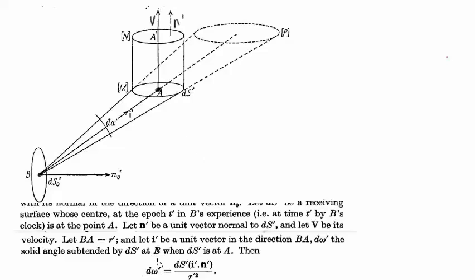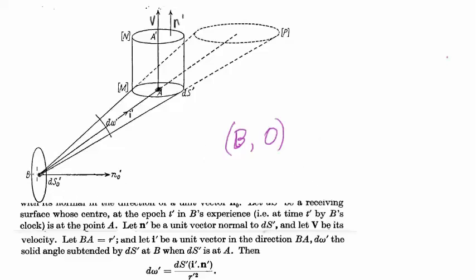D omega prime is where I was at, and d omega prime is the angular surface area, which is the surface through which the light from an event at point B at time 0 in the perspective of the nebula passes.